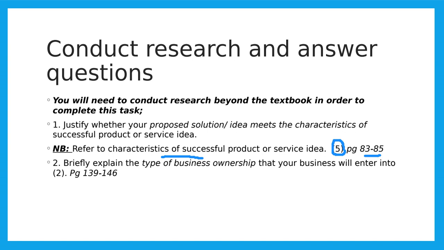But again, this is a starting point that you can see on the screen here, highlighted in blue. You are obviously welcome to use other resources and characteristics that you would find, as long as you are able to justify those characteristics in accordance to your product or your service for those full 5 marks.